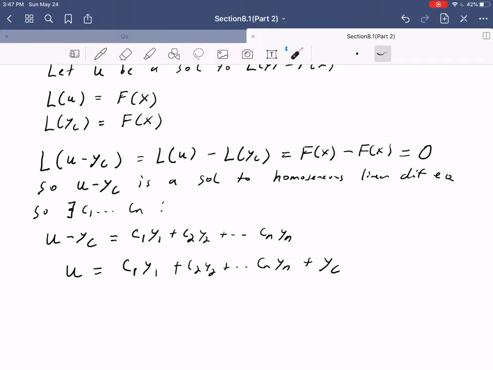So, putting this all together, what this tells you for sections 8.2, 8.3, and so on, when we get into the computational side of things, is that for both non-homogeneous and homogeneous, the bulk of our work is going to boil down to finding these n linearly independent solutions to the homogeneous system.